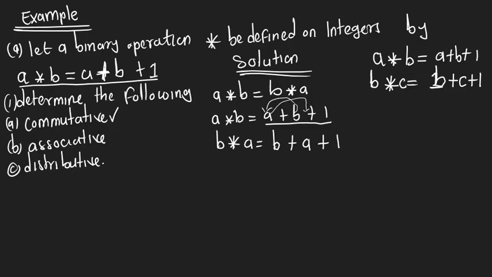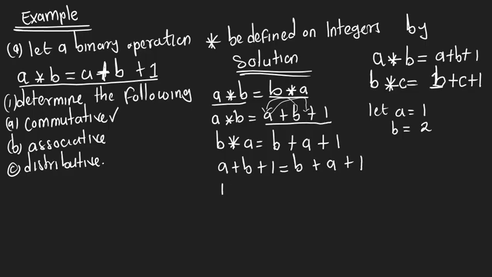Then we test. We can say let A equal to 1. You can use anything. B equal to 2. We said that A star B is equal to B star A, and that is commutative. Where there is A star B, we can put its equation, and where there is B star A, we can put its equation.